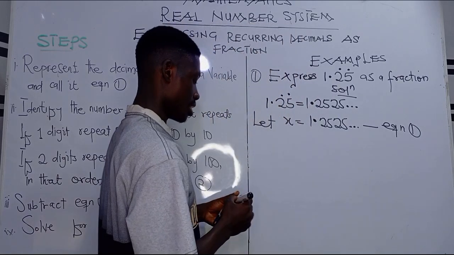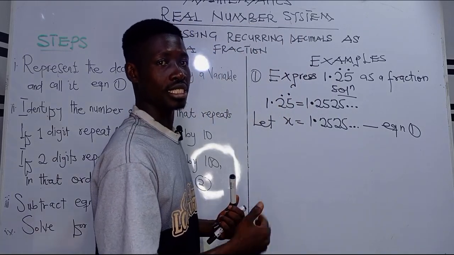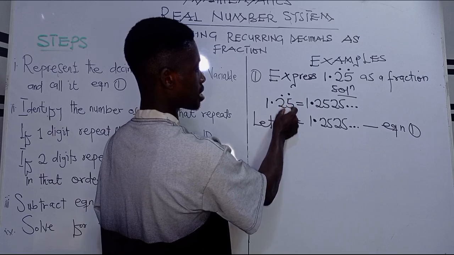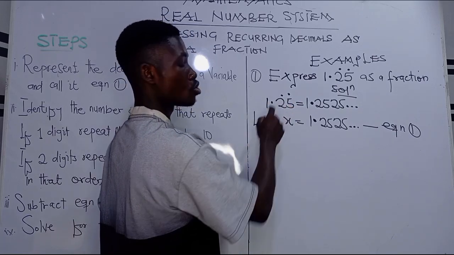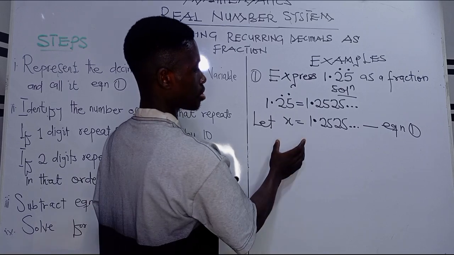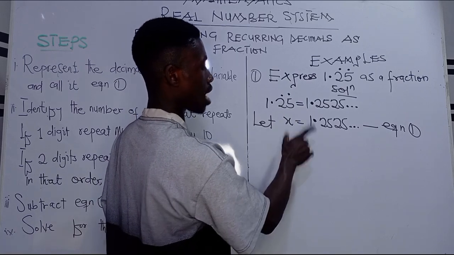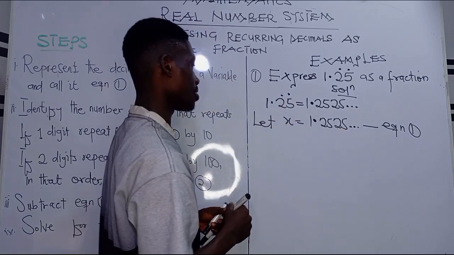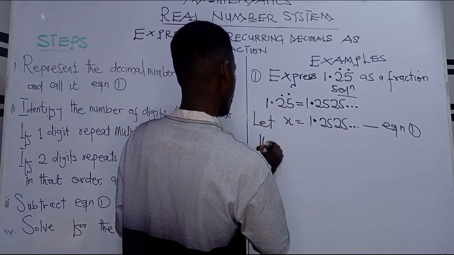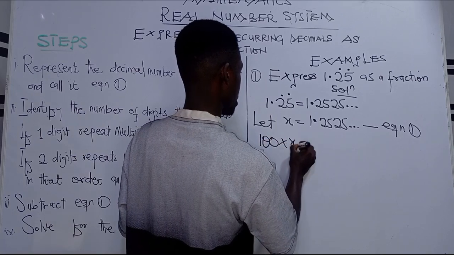Very good. Then after that, we identify the number of digits that repeats. So how many digits are repeating? We have 2 digits, and those digits are 2 and then 5. So because 2 digits are repeating, we are going to multiply equation 1 by 100.